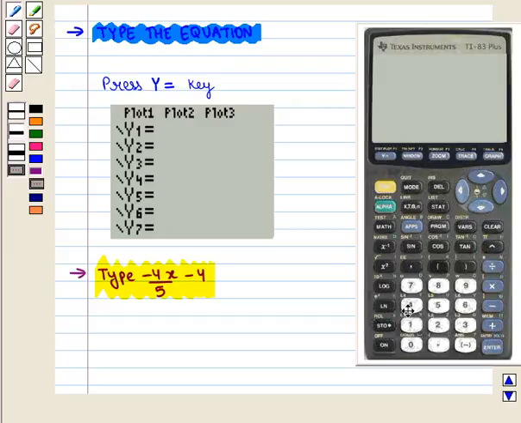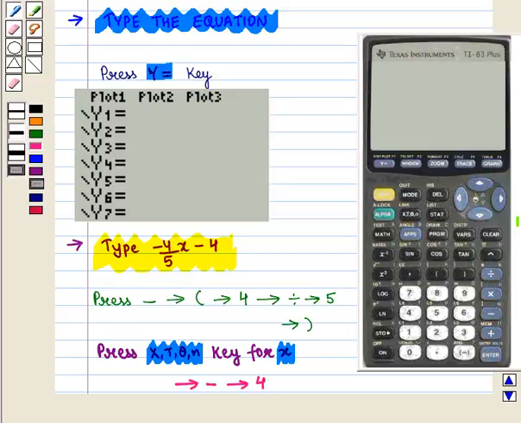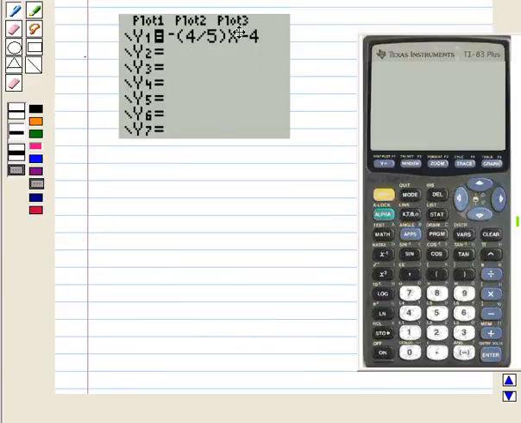Then we type number 4 key, then this division key followed by number 5 key, and then we press this closing round bracket key and then press X, T, theta, n key for x and then minus sign key, then number 4 key, and we get this display on screen.